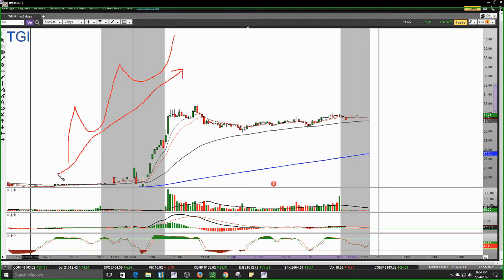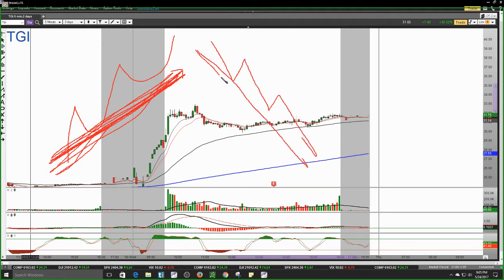Are you a trend trader? Of course you are. Everybody that trades in a certain direction is a trend trader. If you're trading for the upside and you want your chart to go higher, you are a trend trader. If you're trading a short and you're looking for the pops to short into, you're a trend trader.